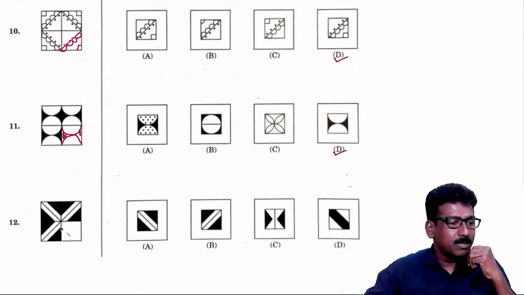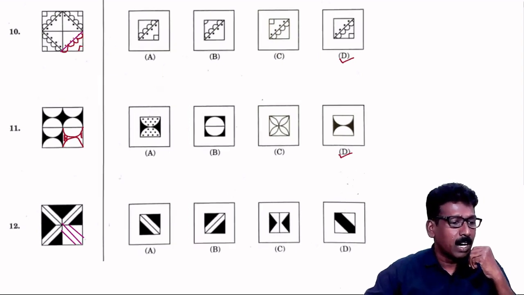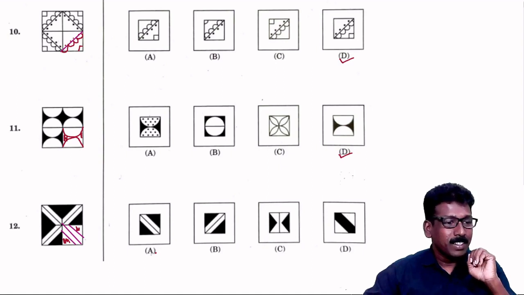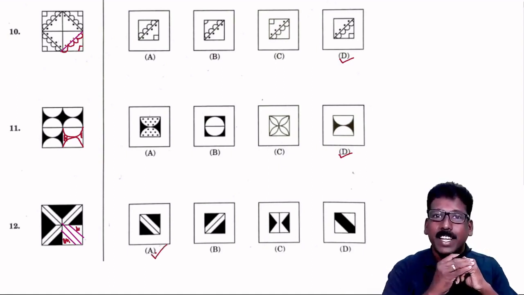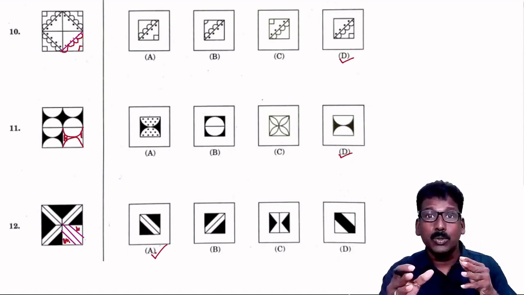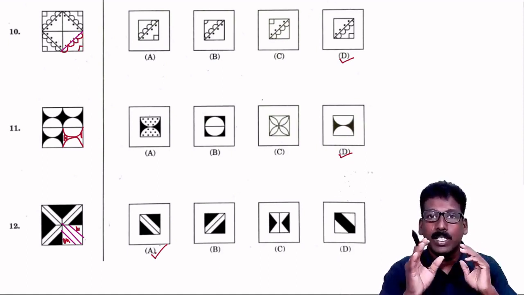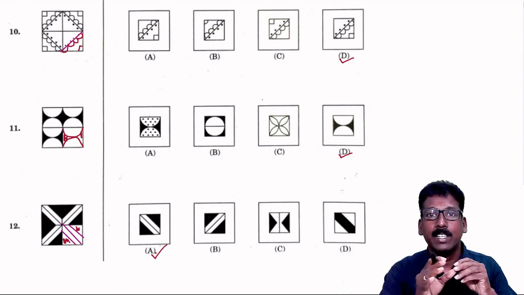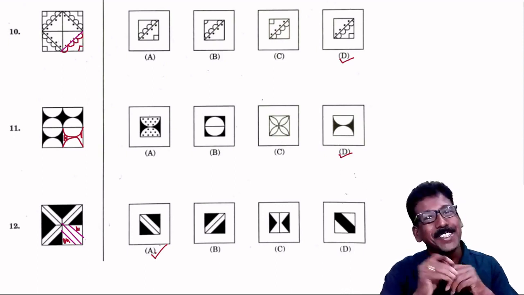Here you can see two line segments are drawn in this way and here joined. Now that triangular portion remaining are shaded. You can see, yes, the first option A itself is correct. So A is your correct option. So what you have to do is you have to darken the correct option in the OMR sheet, not in the question bank.